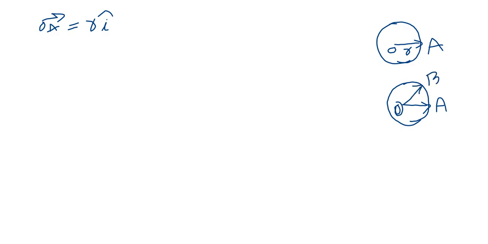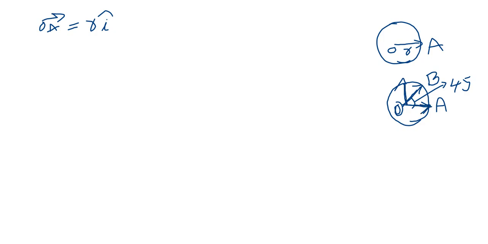It is in x direction, so OA bar is R i cap. Next one is OB bar. It is making an angle of 45 degrees. Here OB bar has two components. One is the horizontal component, another one is the vertical component.